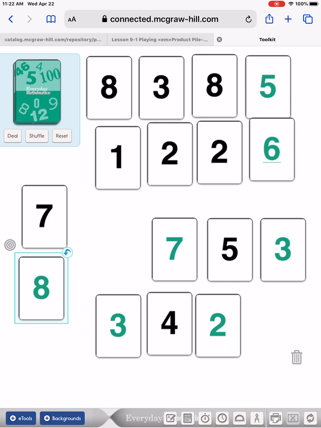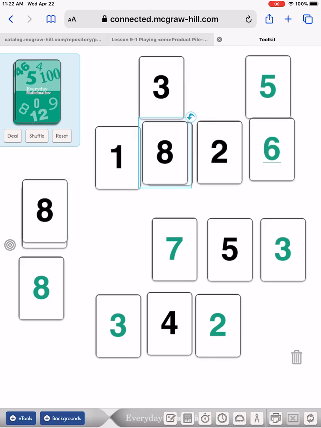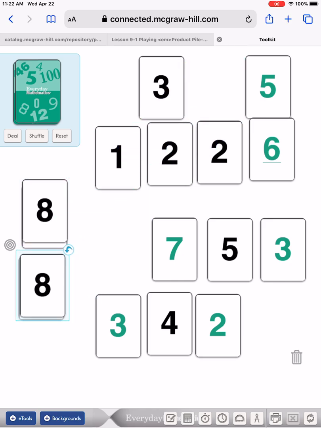What would you choose? Yeah, player 1 could put down 8 and 8, which equals 64, and that is correct.